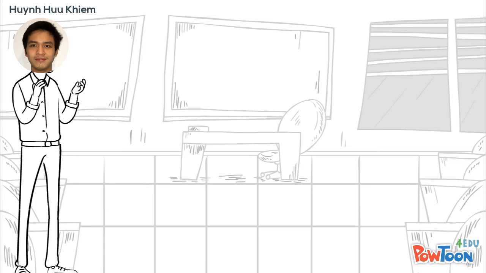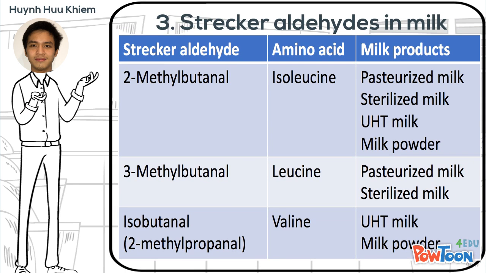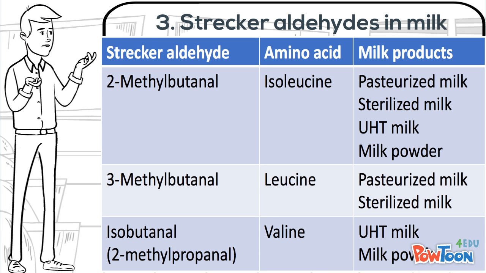Now I will briefly talk about the contribution of Strecker aldehydes to the flavors of processed milk. As you can see, this table shows some Strecker aldehydes detected in some types of milk. 2-methylbutanal, formed in Strecker degradation of isoleucine, was found in pasteurized, sterilized, ultra-high temperature treated milk and milk powder.